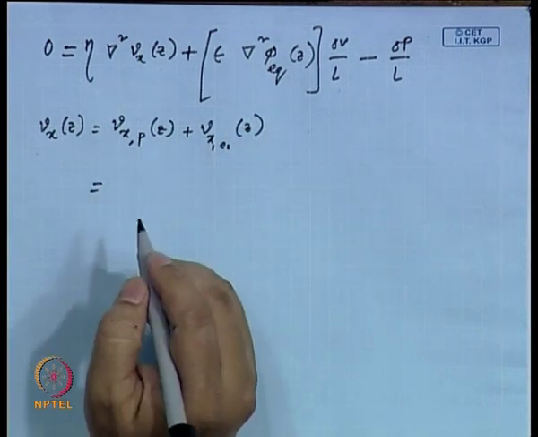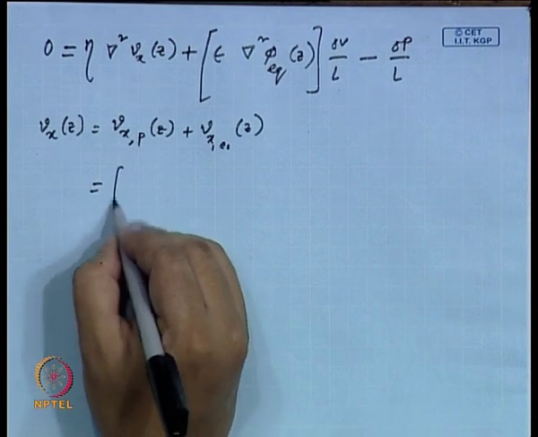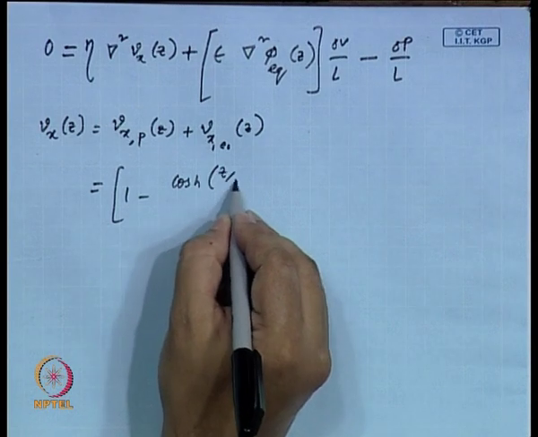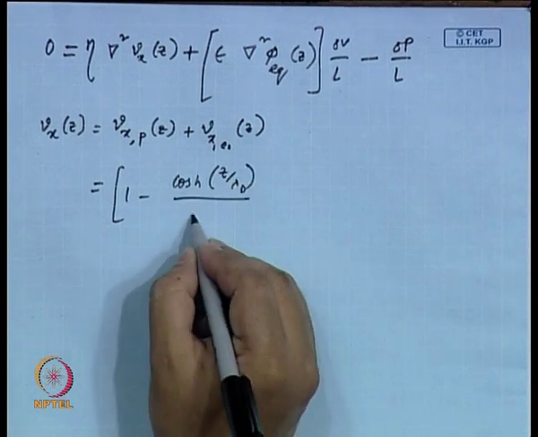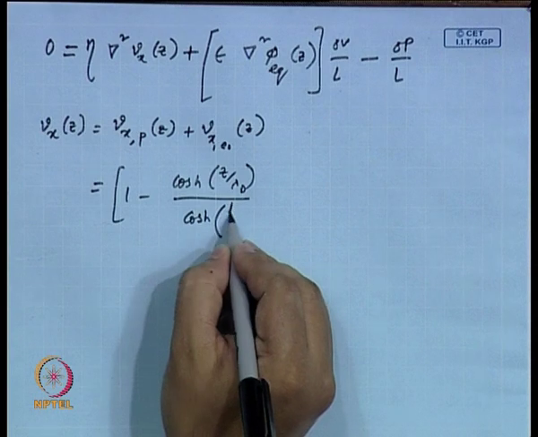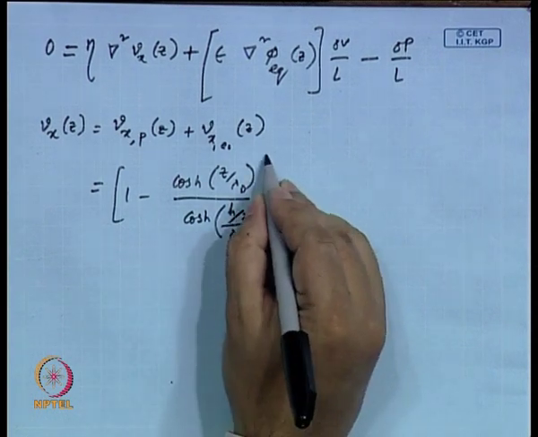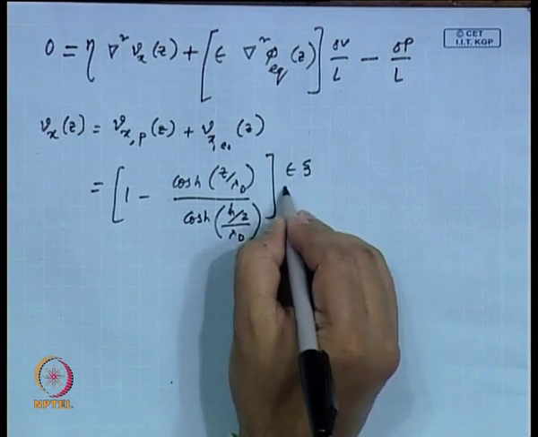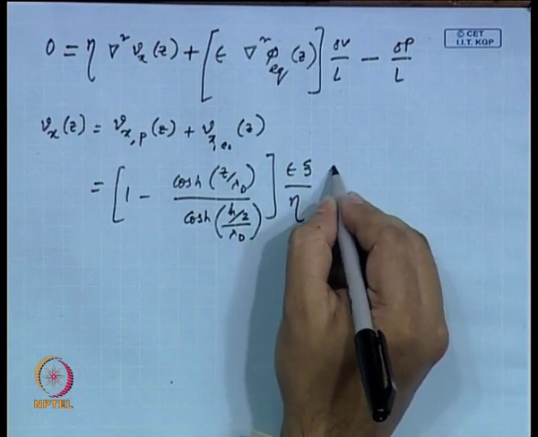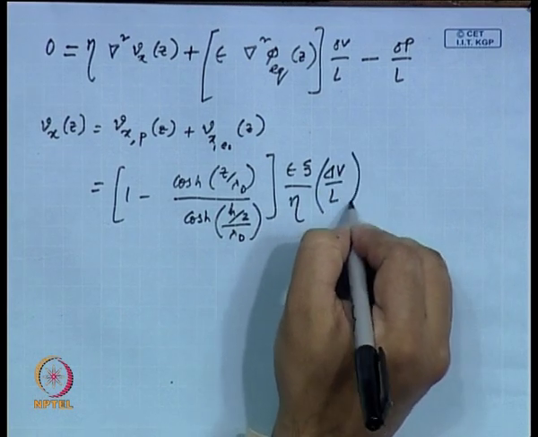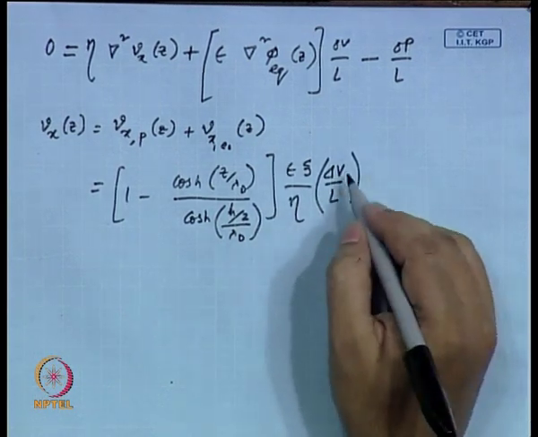The sum of these two would be like this: 1 minus cosh(z/lambda_d) divided by cosh(h/2 lambda_d), into epsilon zeta divided by eta. I am not writing it as E; instead I am writing it as delta V by L, because that is easier to understand.